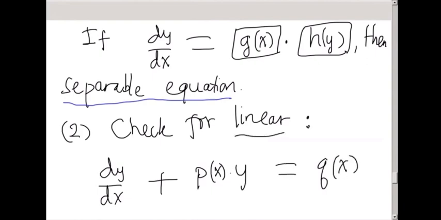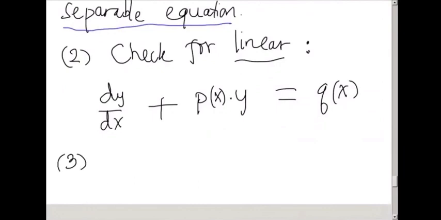So for linear equation, you only have two places where you see y. The first one is dy dx, and the second one is just some coefficient times y alone. If you have something else like y squared or cosine of y, definitely the equation is not a linear equation.